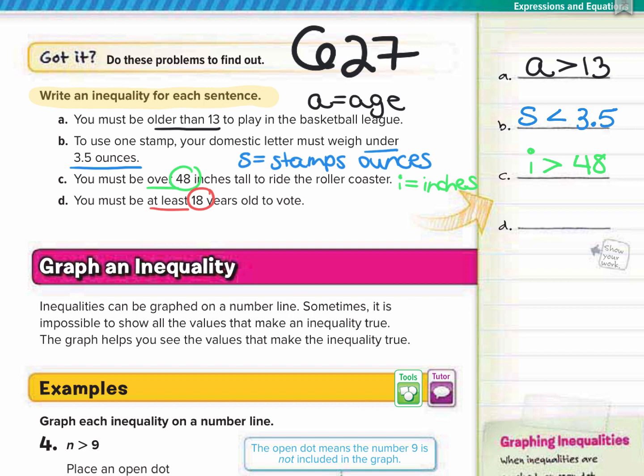So this one's again talking about age, so I'm going to use A again for age. Now, when it says at least, that means you can be 18 or older. So we're going to use greater than or equal to 18 because that means you have to be older than 18, but you also can be 18. So greater than or equal to 18.